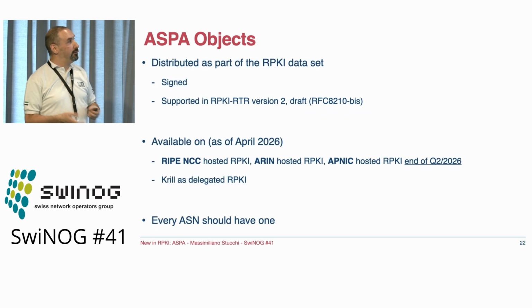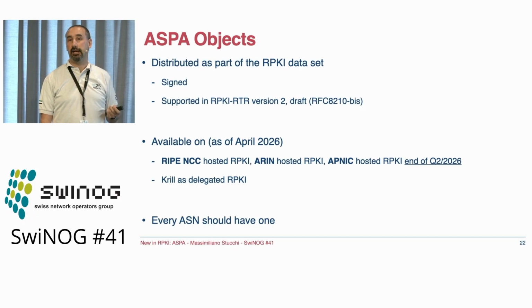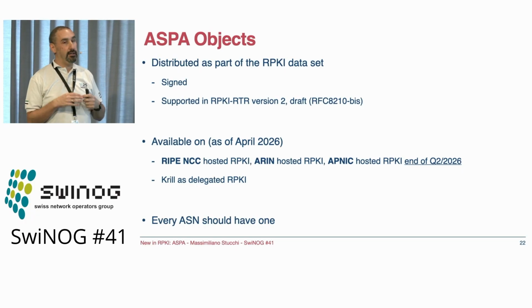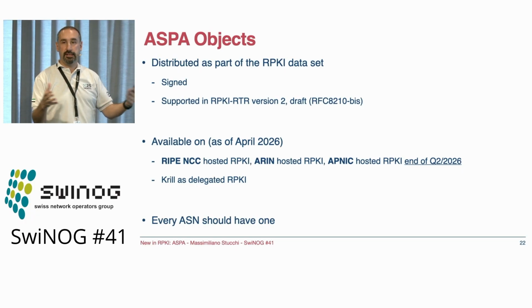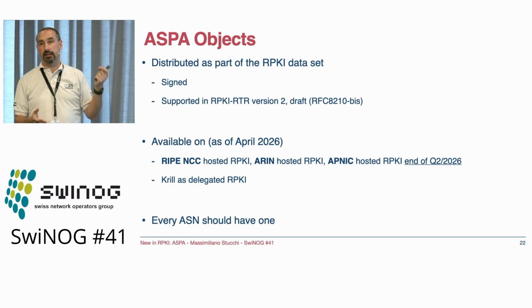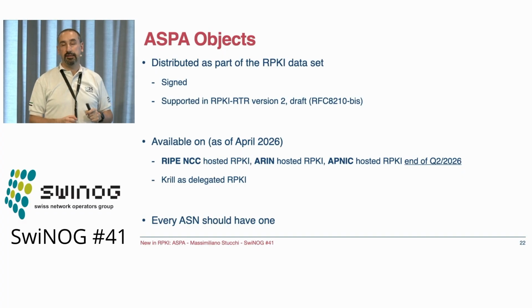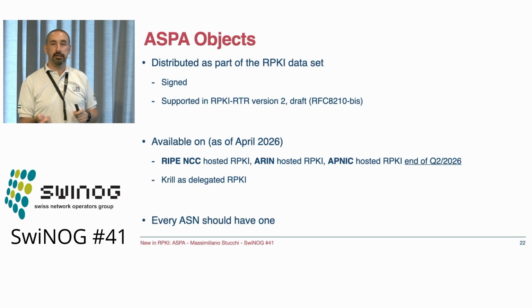But digging a little bit more, they're distributed as part of the RPKI dataset. So there's already a whole infrastructure that's supposed to be doing that. They're signed. They're supported in a protocol called RPKI RTR version 2, and that is also in a draft state.